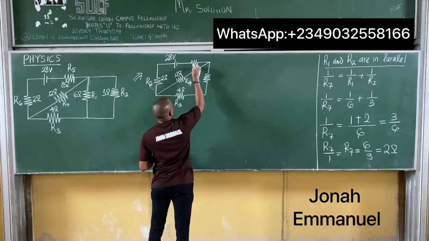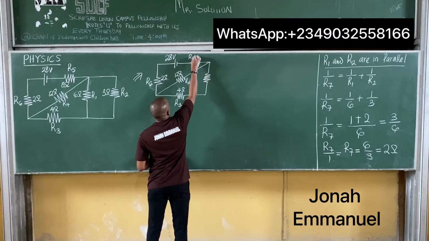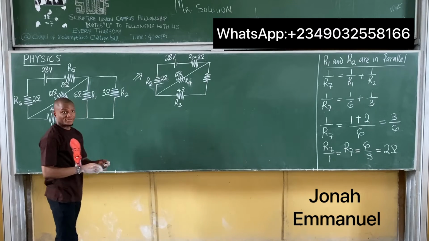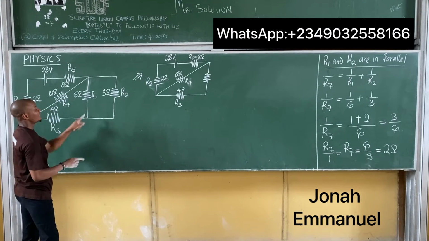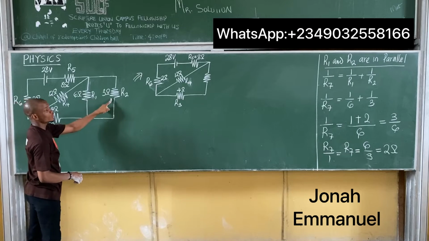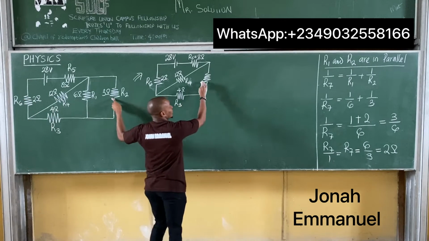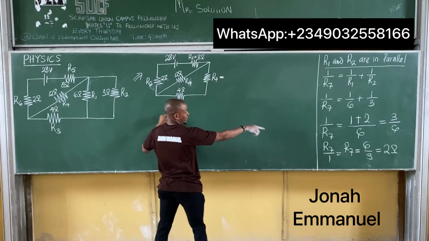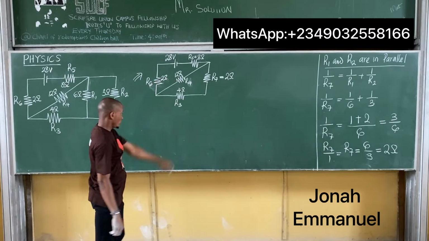R5 is equal to 8 ohms. So look at this. Observe that I resolved R1 and R2 in parallel. So these two now resolve to give you this one here, which is now R7, being equal to 2 ohms.